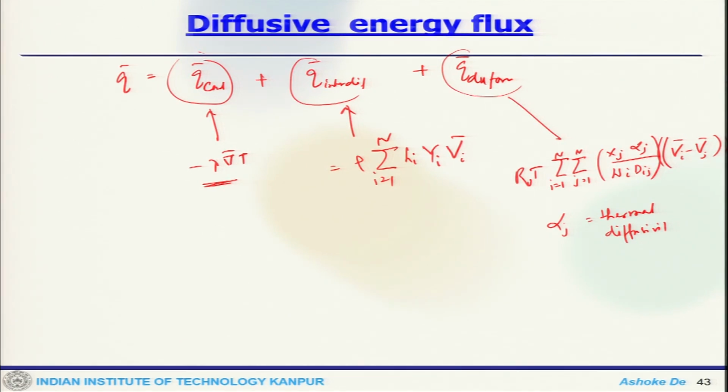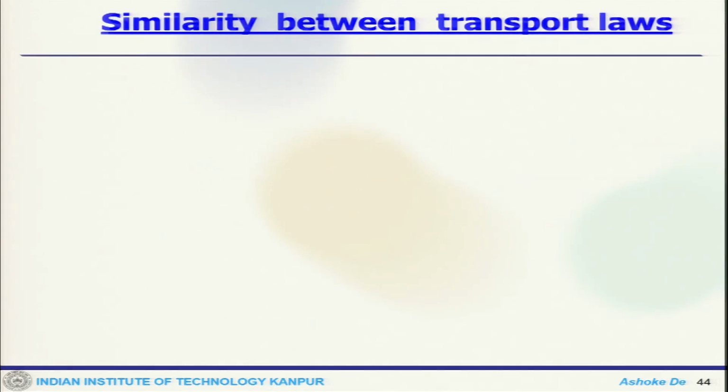Now, we can see the similarity between transport laws. For mass diffusion, J is minus D_AB del rho_A, this is from Fick's law.